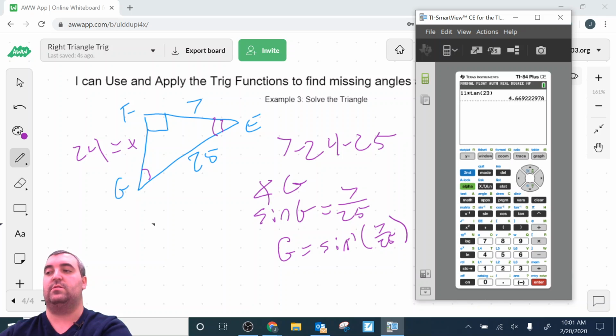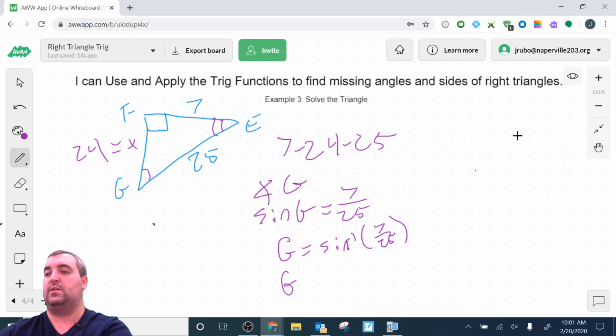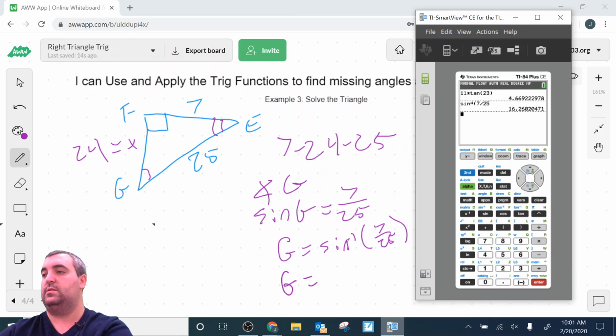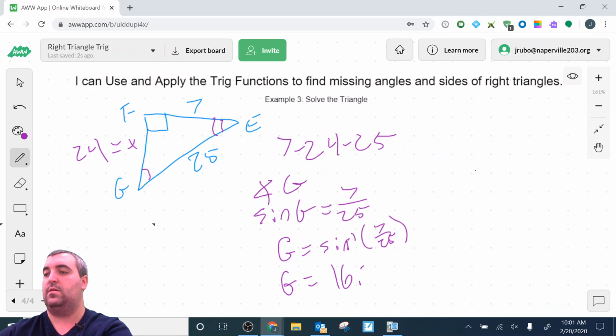To do the inverse, it's second, then the trig function. So second sine, 7 divided by 25. And because we're in degree mode, our answer is in degrees, so angle G would be 16.3 degrees.